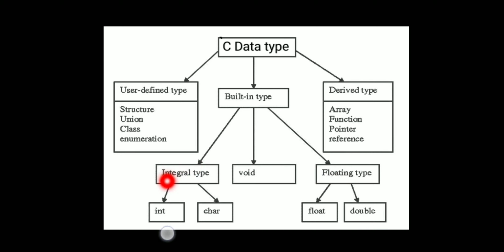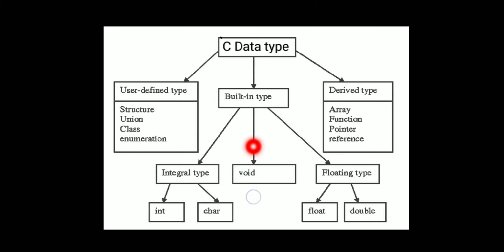Integer type can be classified into int and char, and floating point can be classified into float and double.